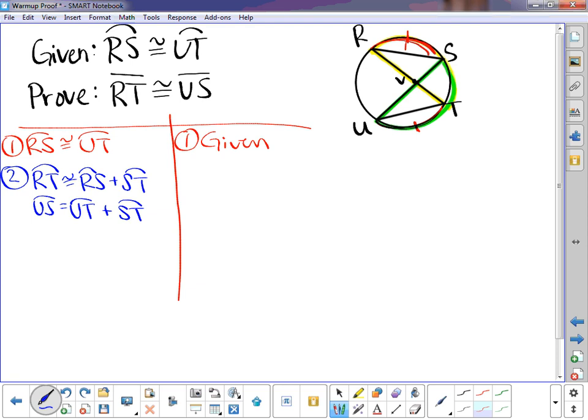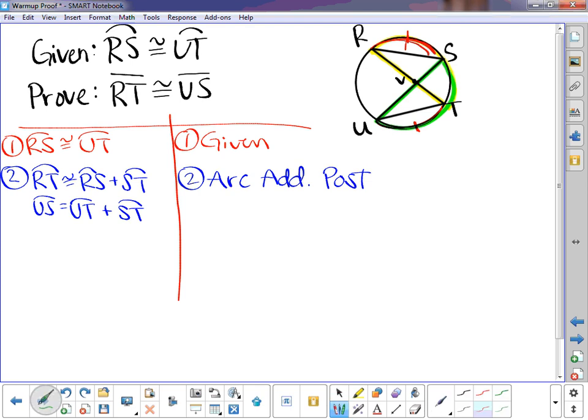Now this is arcs that we're doing, so it's just your arc addition postulate, just like segment addition and angle addition. Arc addition postulate. Okay, and once again, if I can get these to match up, then I can say my arcs are congruent, and thus those chords are congruent. How can I get those to match up perfectly?